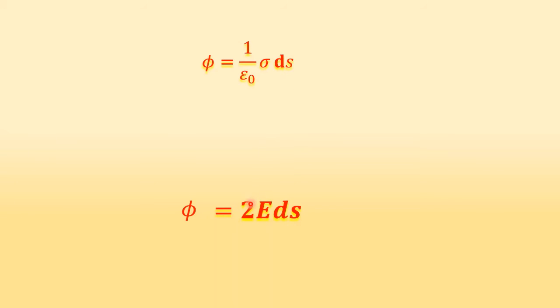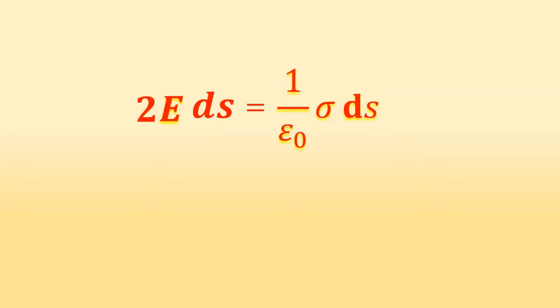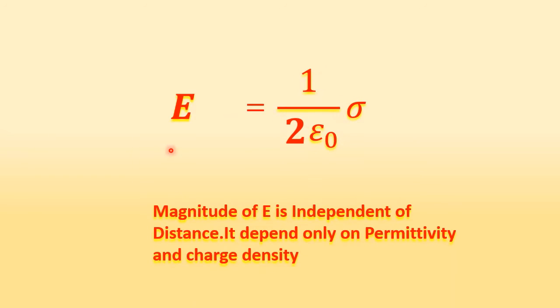These two equations are the same. So 2E ds is equal to 1 by epsilon 0 sigma ds. Rearranging the equation, E is equal to 1 by 2 epsilon 0 sigma.